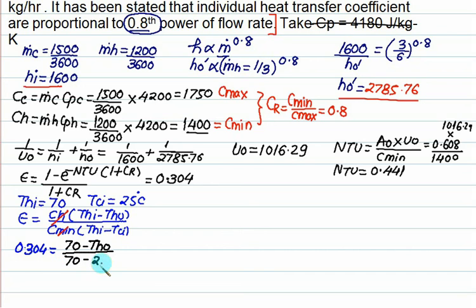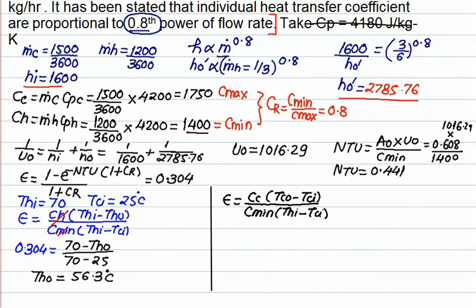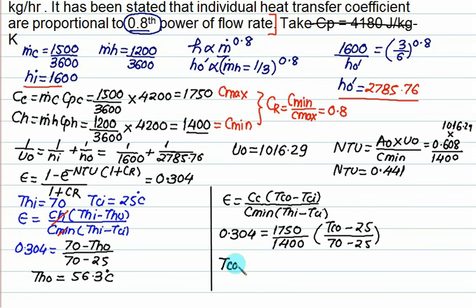So the modified temperature THO is 56.3. We have a second formula for effectiveness, where CC is 1750 and C minimum is 1400. We can calculate the value of TCO, which is 35.94.